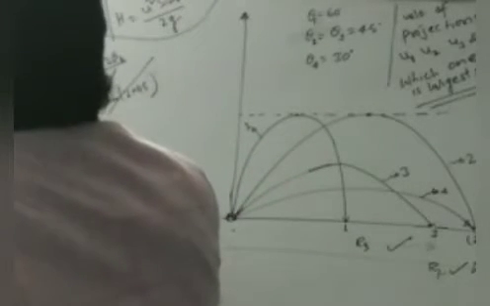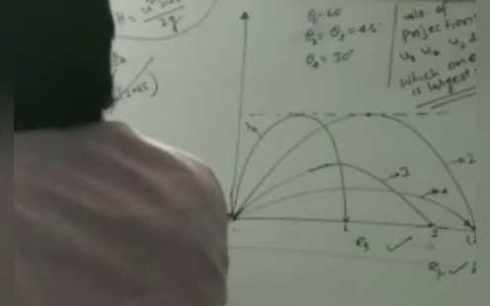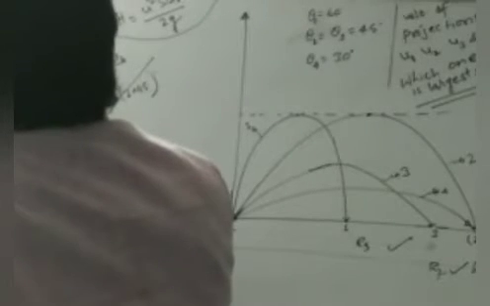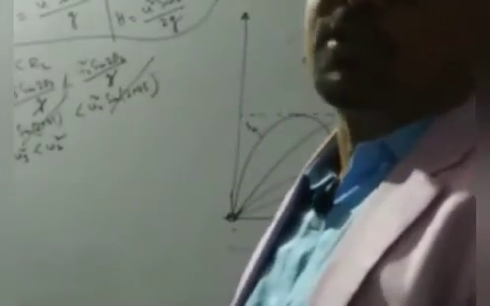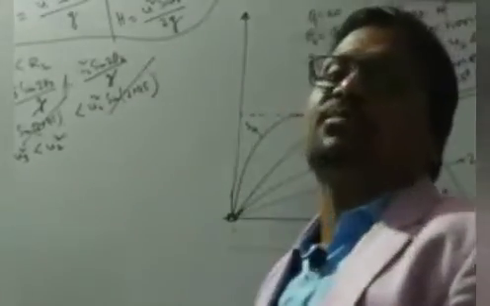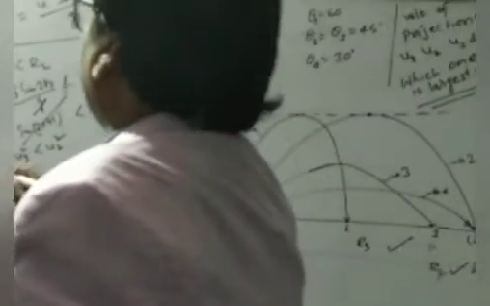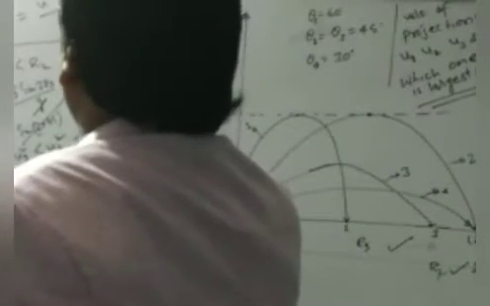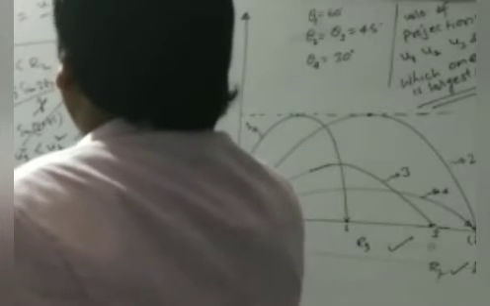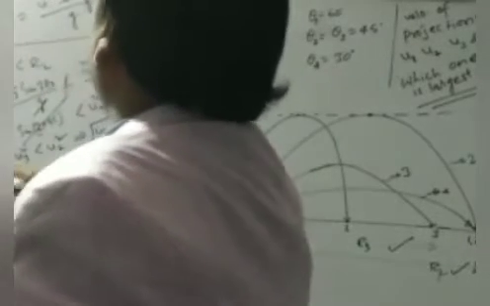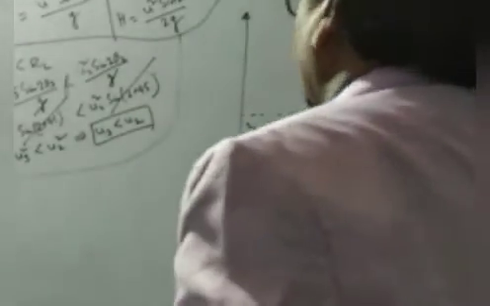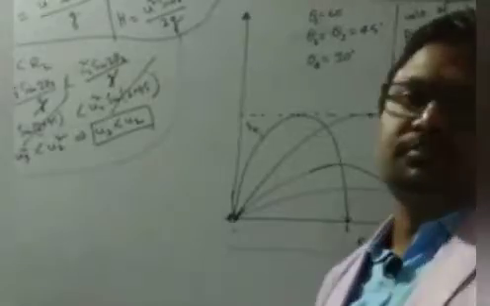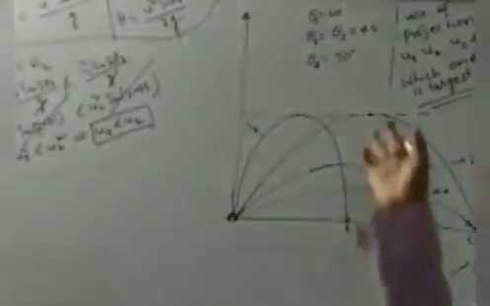So u3 square must be less than u2 square. Here u1, u2, u3, u4, all four quantities are positive. So you can write from here that u3 is less than u2. So this is the result coming from this part. Okay dear, R3 is less than R2. So you can see clearly.